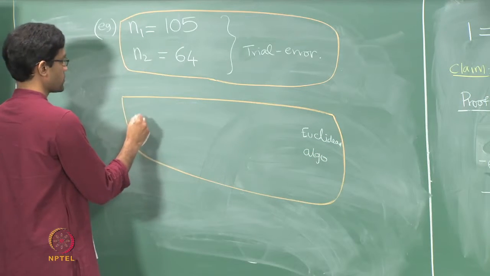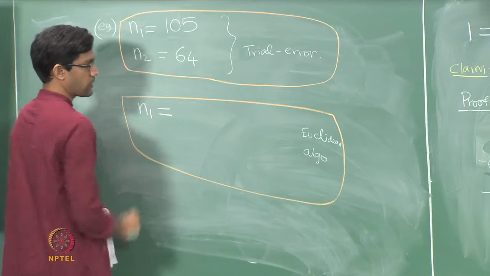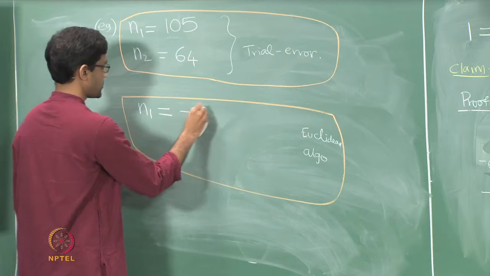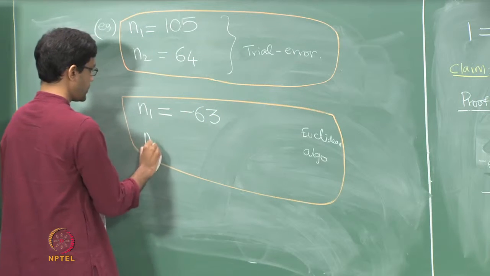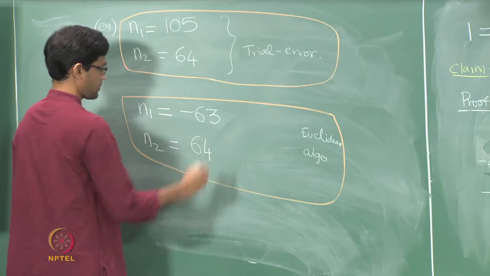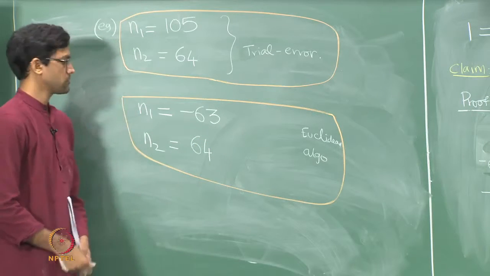The Euclidean algorithm says n1 is the number minus 63 and n2 is the number 64. Okay, this is what the Euclidean algorithm gives.